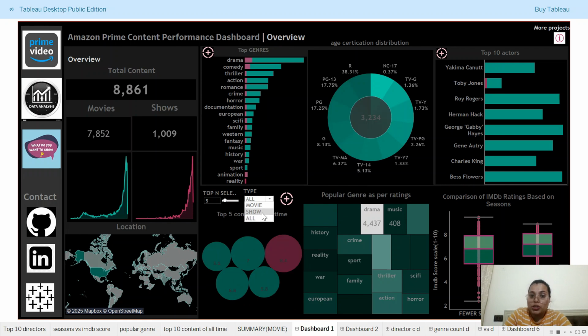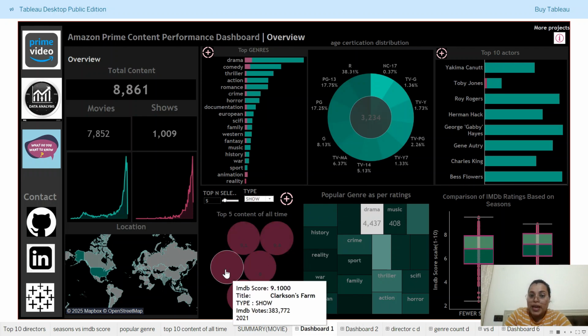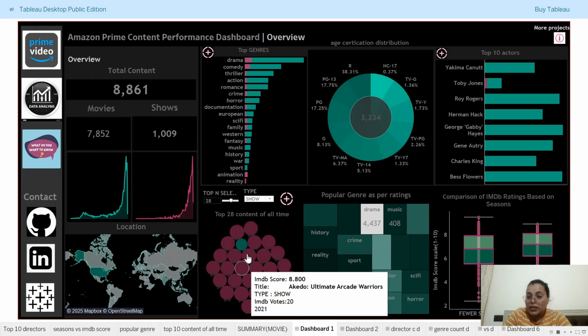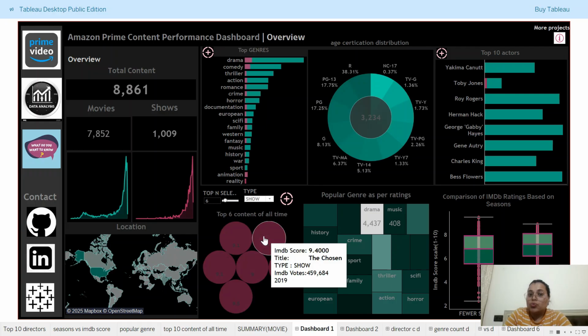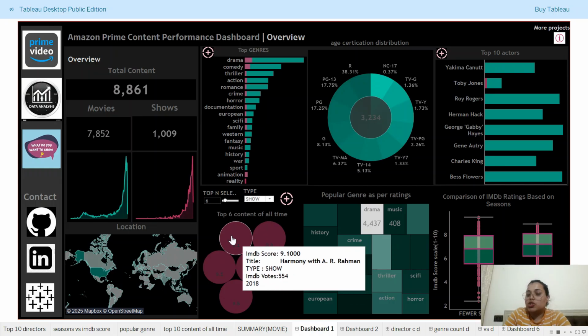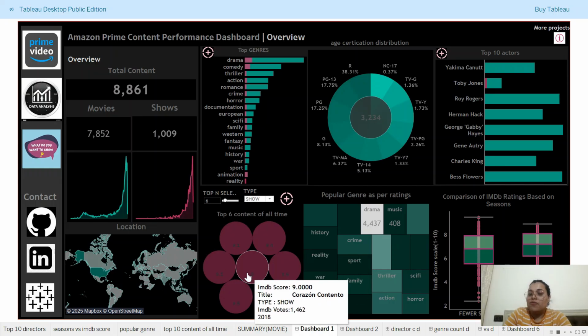If we talk about the shows, we can have different shows, right? So what can we have? We can see different top 17 shows, top 28 shows, and we can go to their genre, basically their description, what the movie was all about, what the show was all about, and then we can focus more on that kind of content.